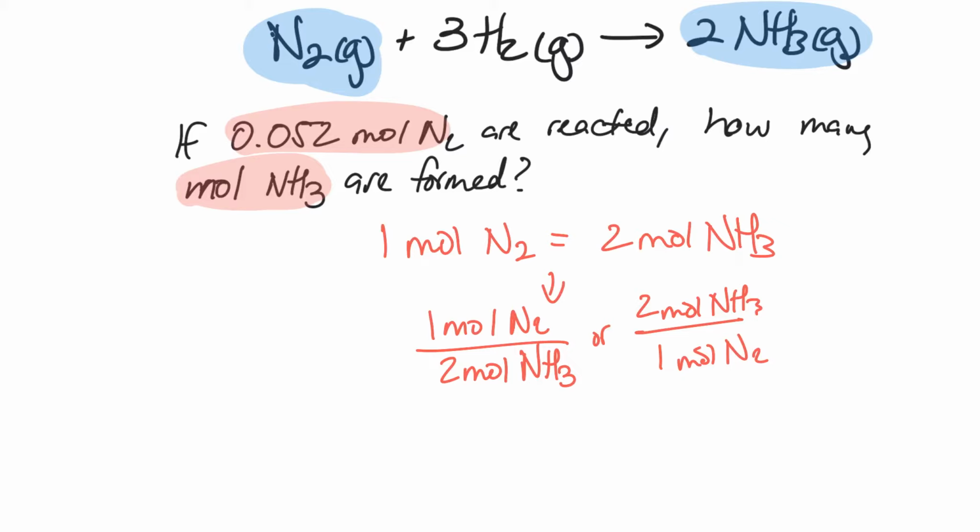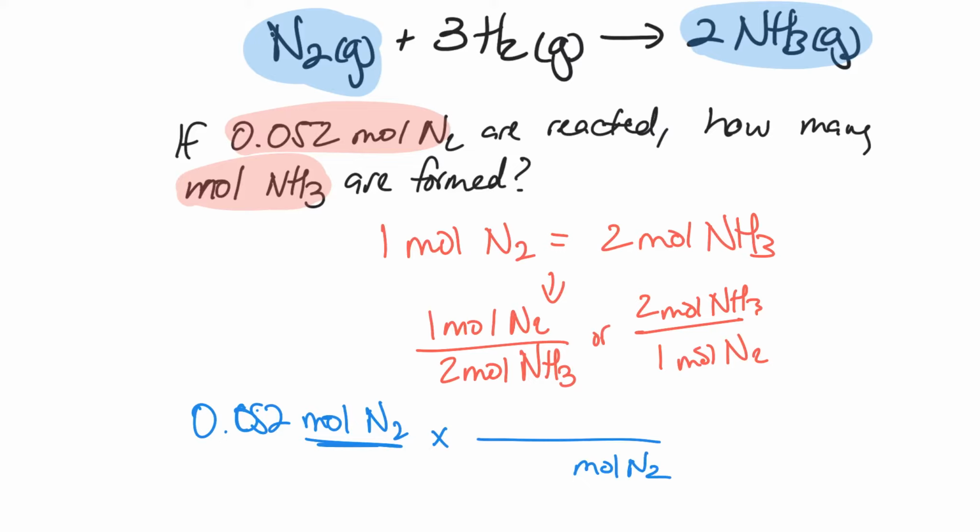In this problem, we start off with 0.052 moles of N2 times, and we need to get rid of moles of N2, so that means it must be in the denominator. The only one that's true is this one, so we'll copy this conversion down.